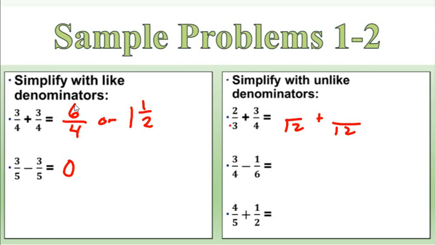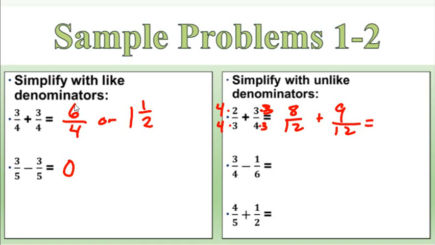So I multiply 3 by 4 to get 12. Whatever I do in the denominator, I must also do in the numerator. So 4 times 2 is 8. So I have 8/12. I need to multiply 4 times 3 to get 12. Multiply the numerator by 3 as well. And so 3 times 3 is 9, so 9/12.